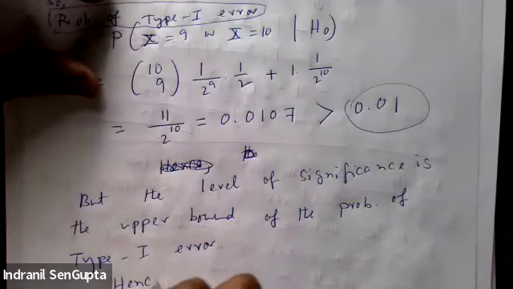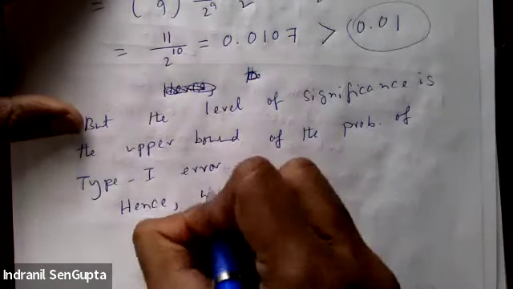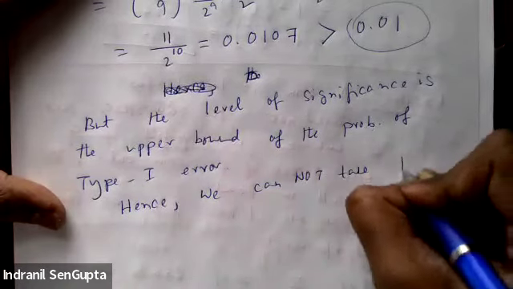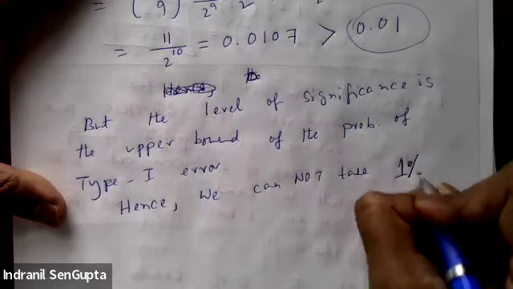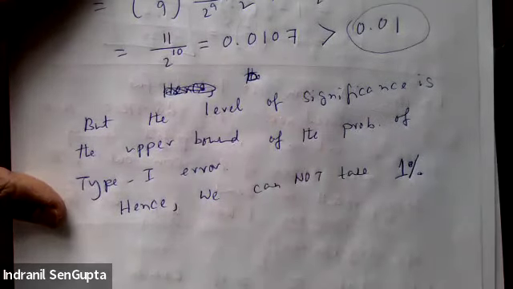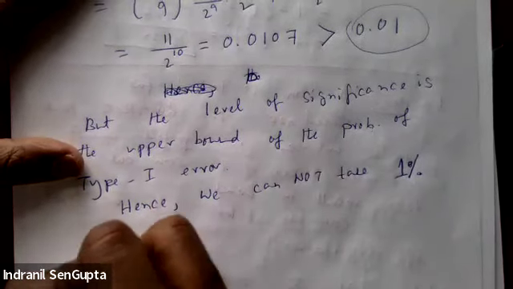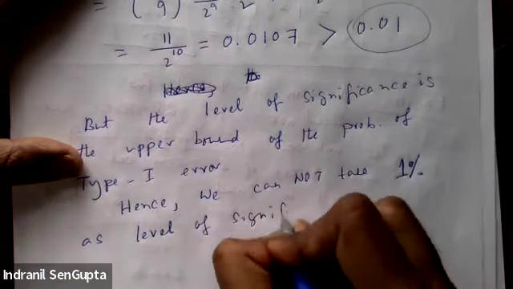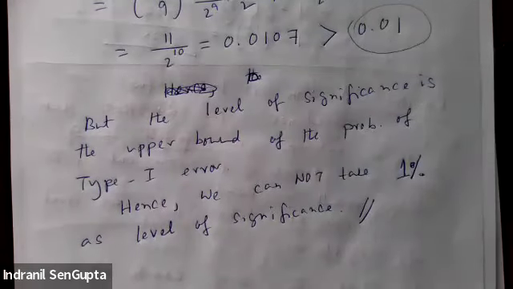Hence, we cannot take 1%, which is 0.01, as the level of significance. Okay, done.